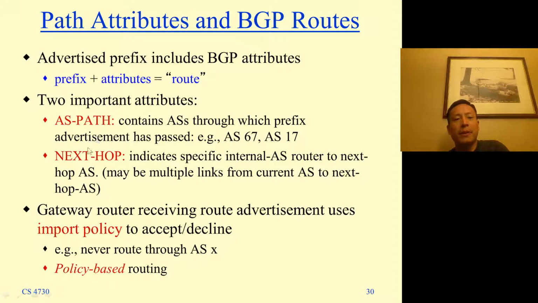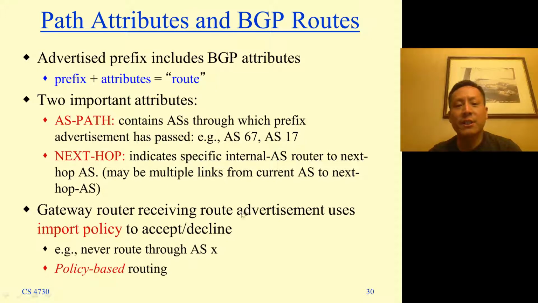It totally makes sense. By using this information, you know exactly how to handle a packet whose destination falls into this prefix range. The prefix plus attribute is a route, which tells you what to do for each prefix.